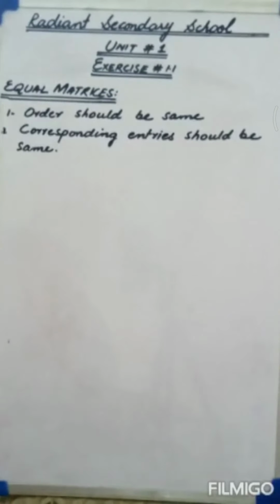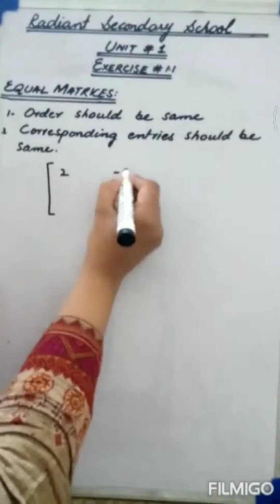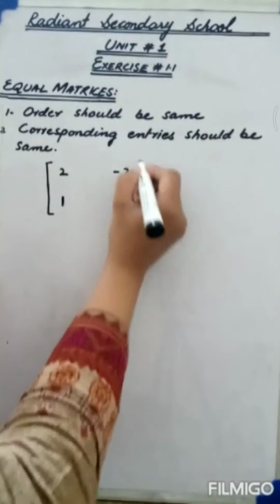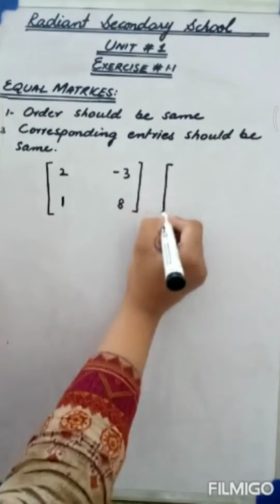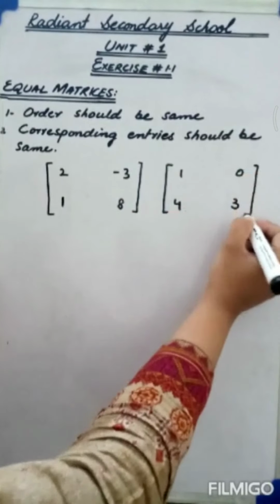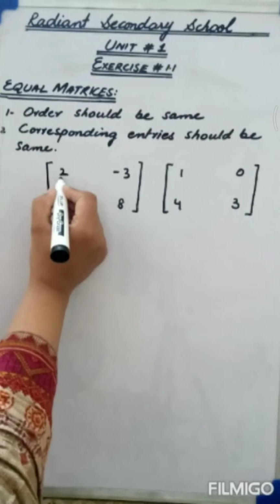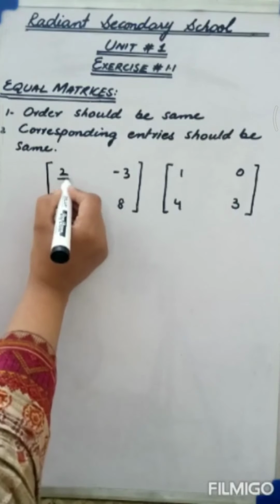Now we will discuss what the corresponding entries are. Suppose we have these two matrices: 2, -3, 1, 8, and here is another matrix: 1, 0, 4, 3. We have to check the corresponding entries. Look, in the first row and the first column, the entry is 2.